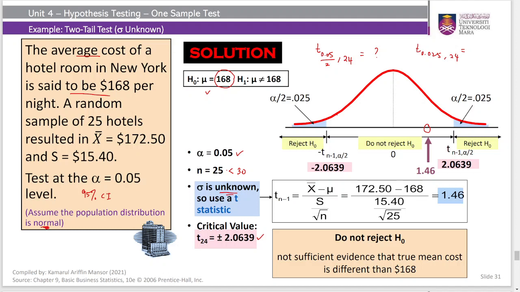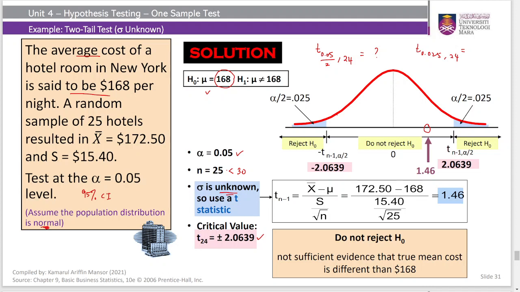So that is the process of hypothesis testing for one sample test with small sample size and unknown variance, or unknown standard deviation. Based on this information, you fail to reject the null hypothesis.